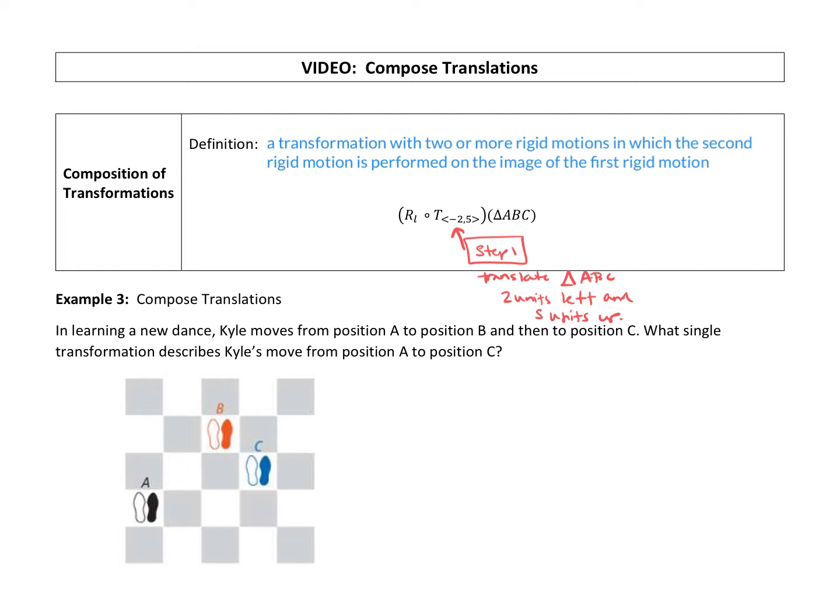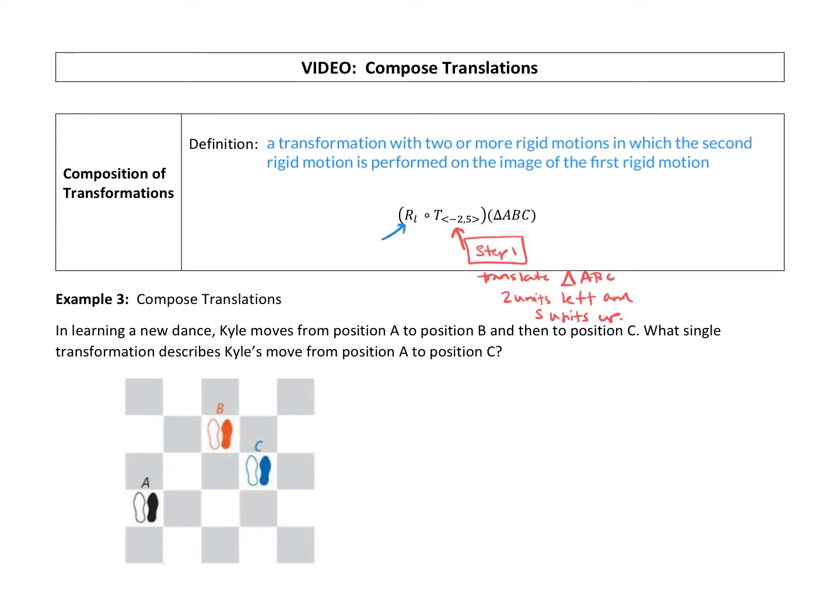It seems weird that it's second in order, but it's the first transformation we do. When we move the triangle 2 units left and 5 units up, that results in triangle A prime, B prime, C prime.